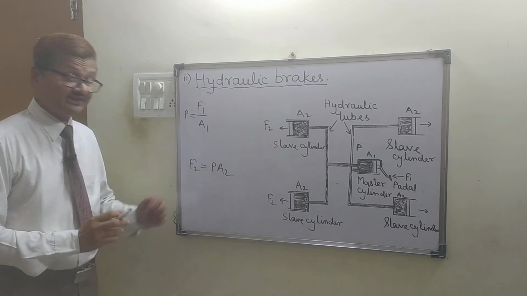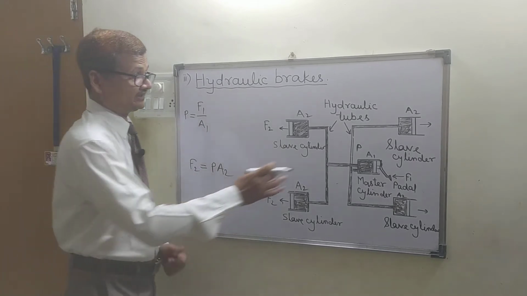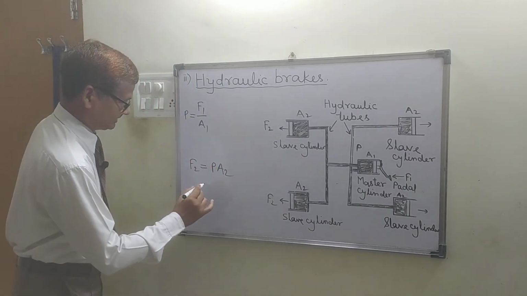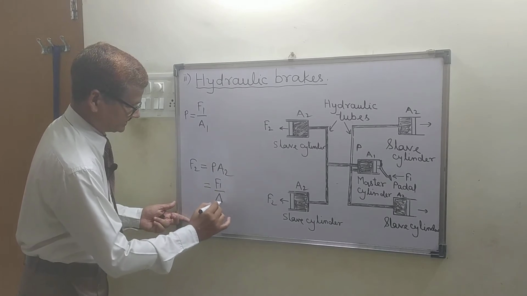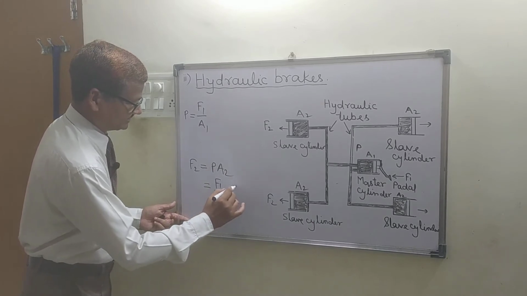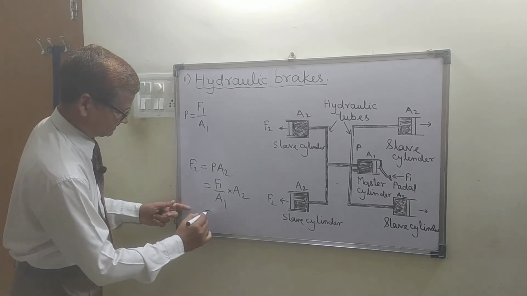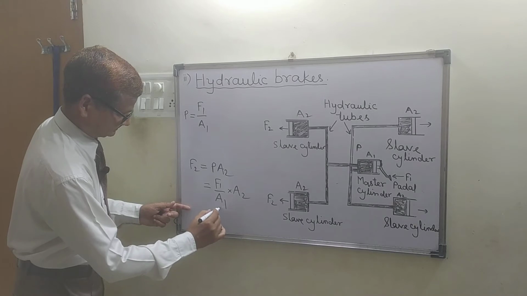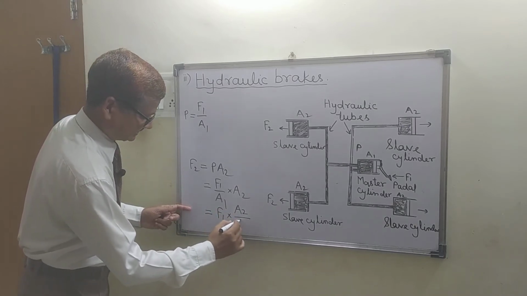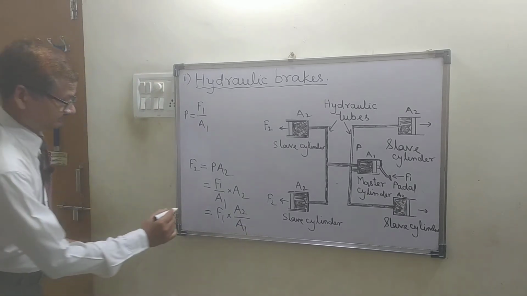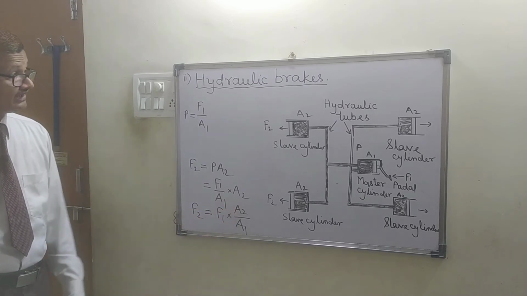F2 is equal to P into A2, and the pressure applied is F1 upon A1. So you can write F1 upon A1 into A2, which is equal to F1 into A2 upon A1. F2 is equal to F1 into A2 upon A1.